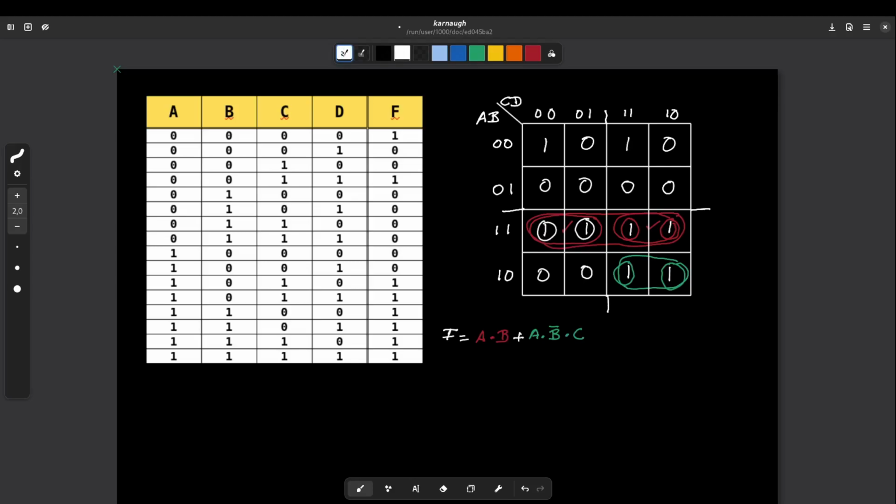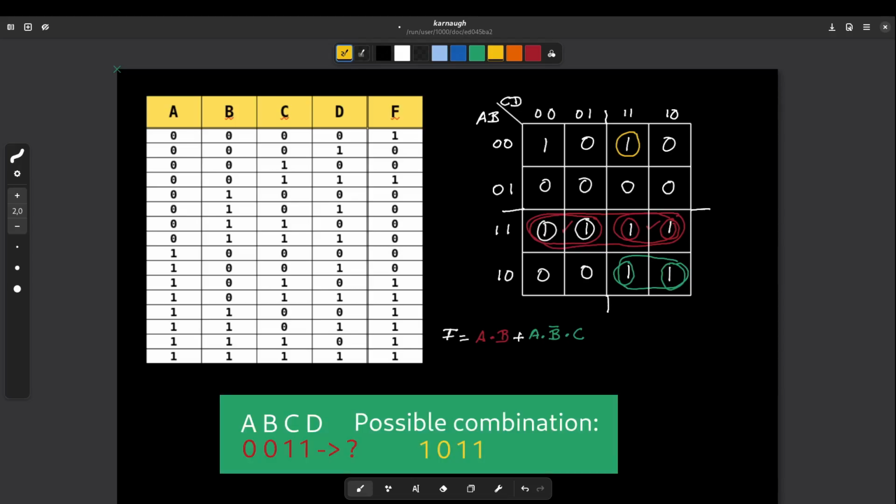There are two terms remaining, which are this one and this one. Okay? For example, if I take this into account, I have to try to look for another one which is logically adjacent to this one in order to simplify it. The only one is this one.